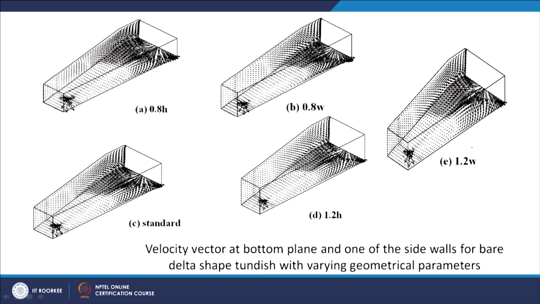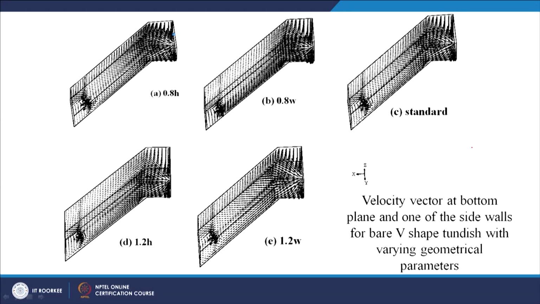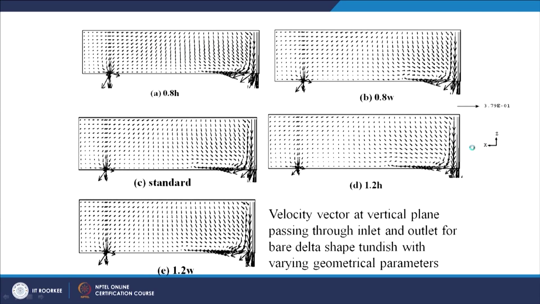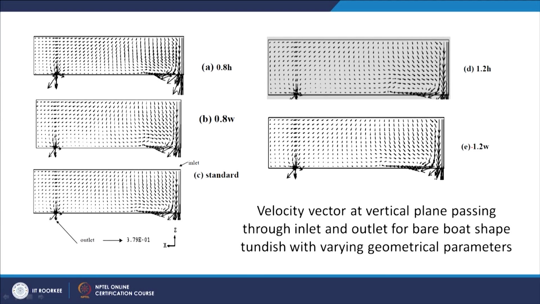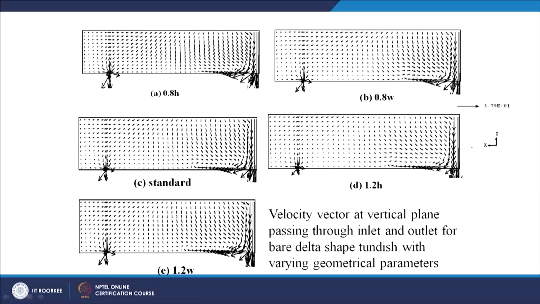That is at the side walls also, so that is shown here. This was for the boat shape, and this is for the delta shape. See how the delta shape is changing.